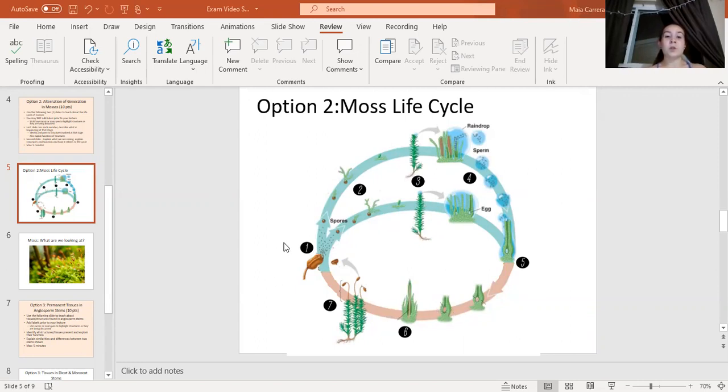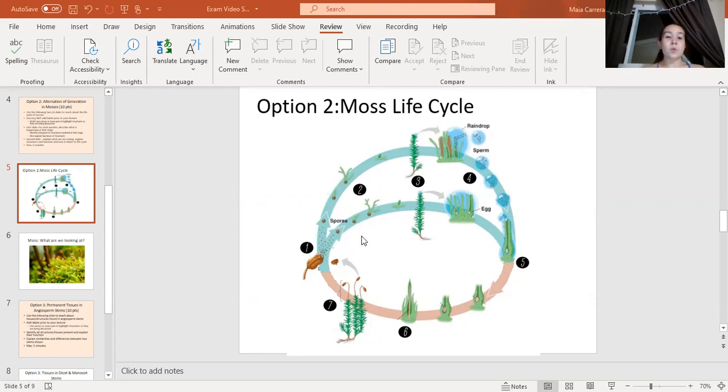And so what's going to occur right here in step 1 is meiosis, and then what's going to occur at step 5 is fertilization. We're going to get more onto that later in the lecture, but I feel this will help a quick understanding of what's happening in this diagram.